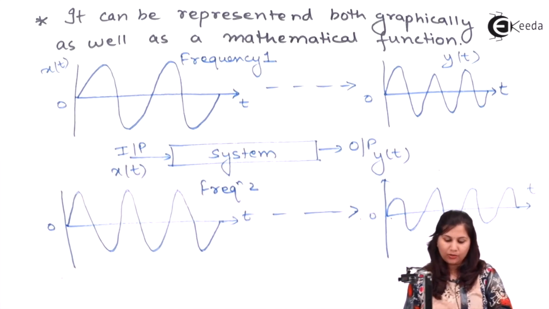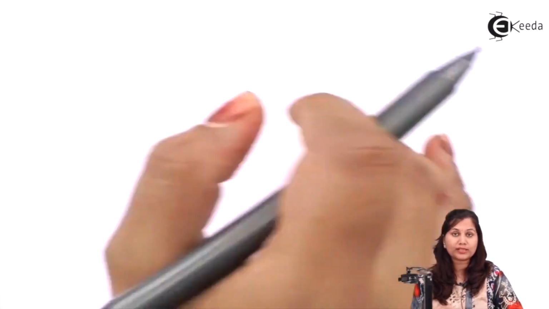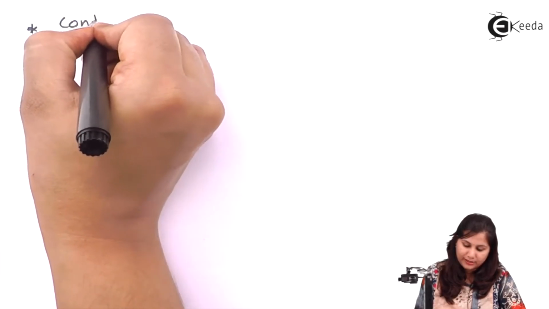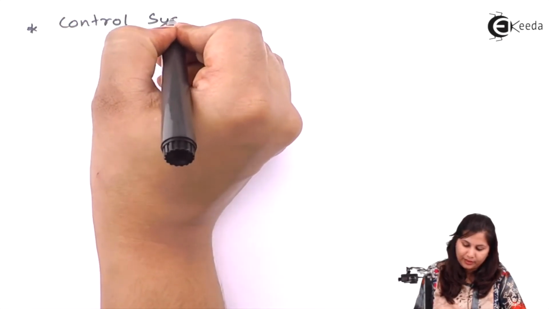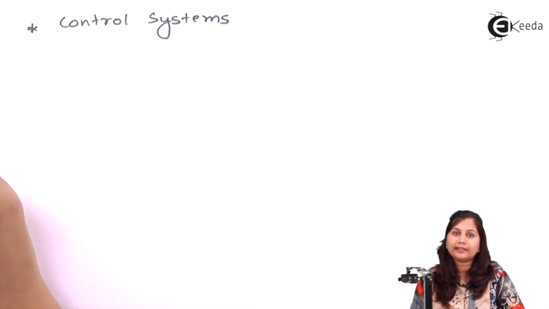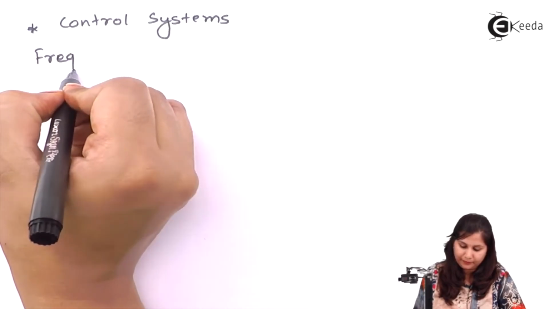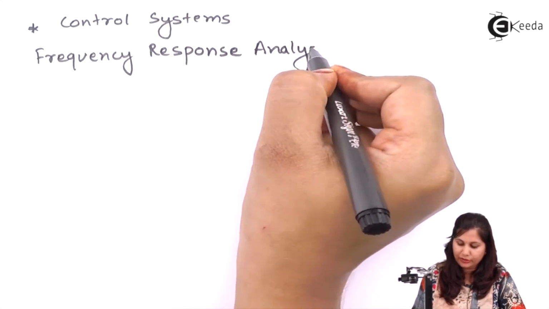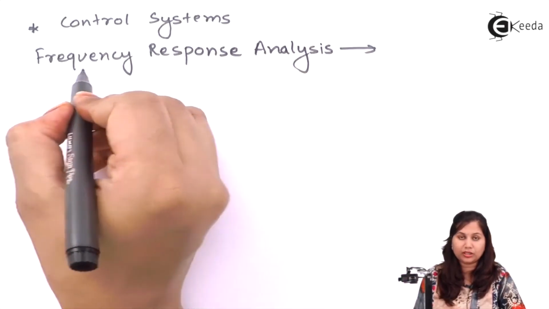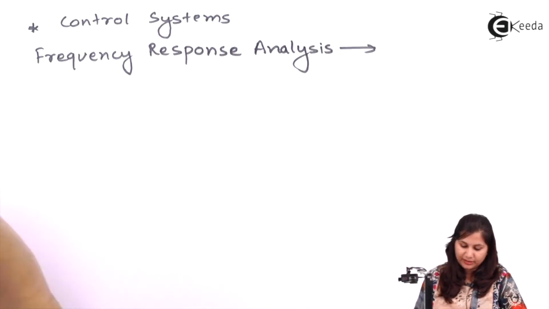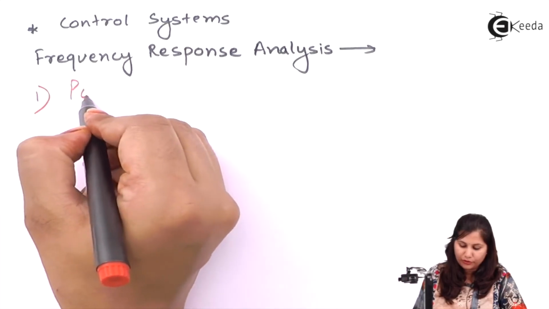Now if we study control systems, the frequency response analysis can be done by three methods. There are three methods by which we can do the frequency response analysis of the control system. First method is polar plots.